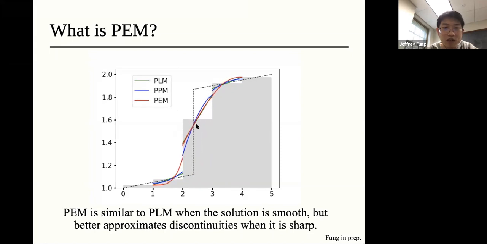But then when you have a sharp variation in your profile, see that PEM tries to bend very sharply to fit this sharp jump in your profile. So I think looking at this, the expectation is that PEM is going to produce better results when you have discontinuities in the solution, which your test now showed.